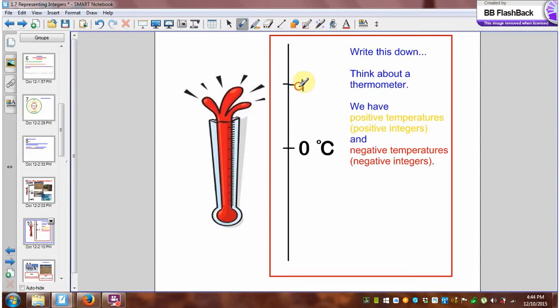So like positive, I'm going to write down positive 10 degrees C. And then any number below, I'm going to write down negative 10. So negative 10 degrees will be in the winter, say. Positive 10 degrees would be probably when it warms up a bit in the spring. Right, pause until you're done that. And when you're ready, come on back.